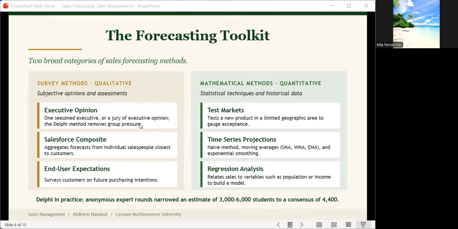So for that to be avoided, the Delphi method is better. What's this Delphi method? It's like anonymous expert rounds. The experts will be asked, but they do not know each other.